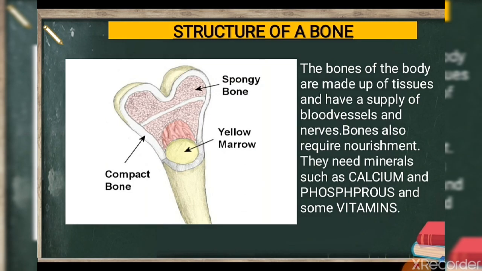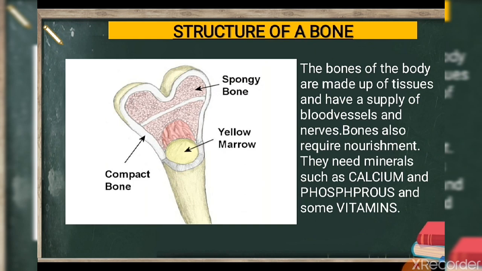Okay. So what is the structure of your bone? The bones of the body are made up of tissues. As I have told you, tissues are groups of cells.